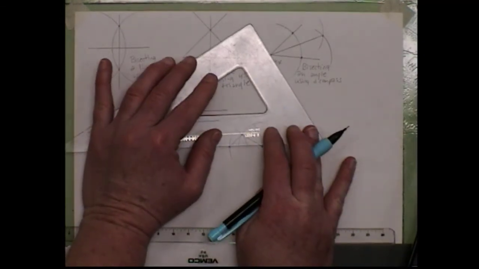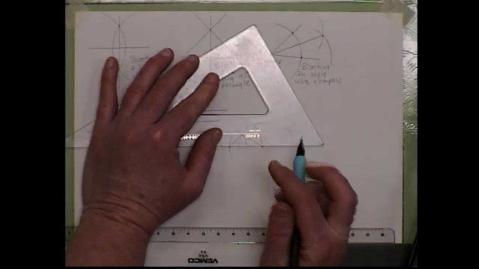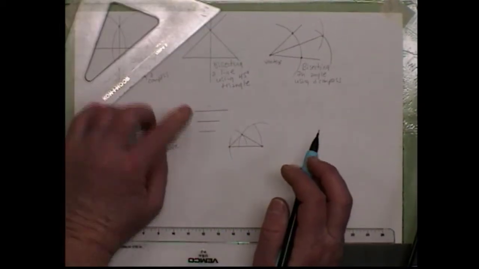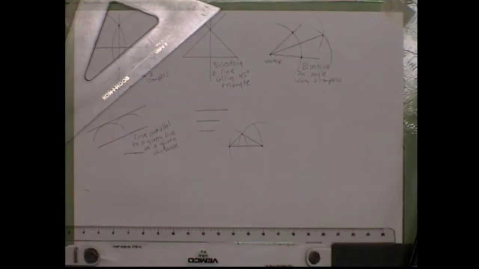And you have a scalene triangle by transferring the measurements from those 3 lines.